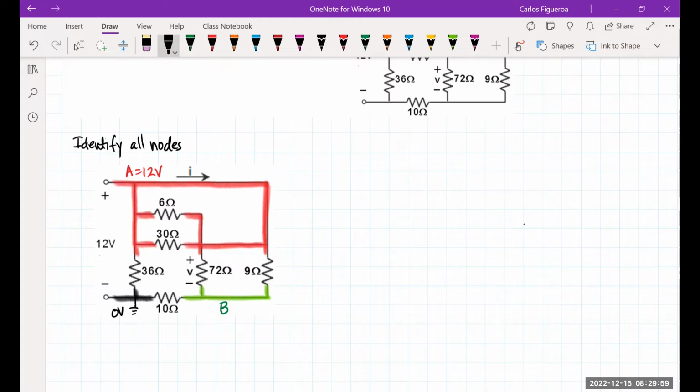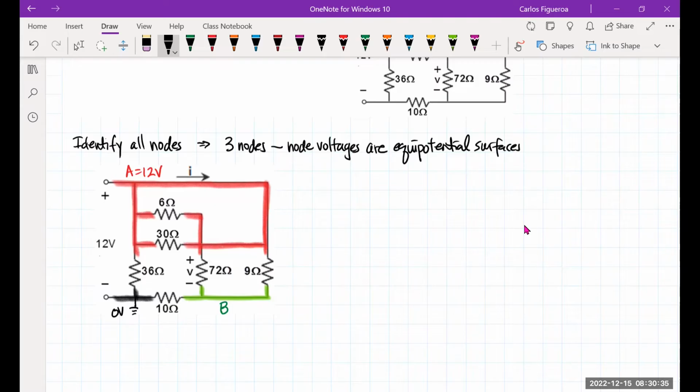So the first thing that you should note here is that I have 3 nodes. And these nodes, remember, node voltages are equipotential surfaces. The one thing that you want to pay attention to is that 6 and 30 ohm.